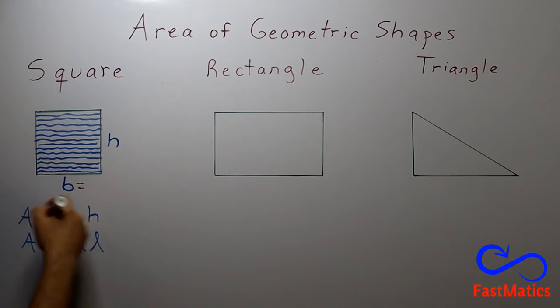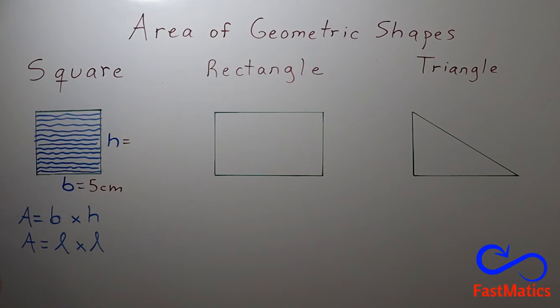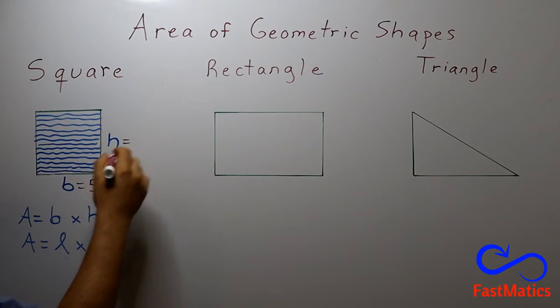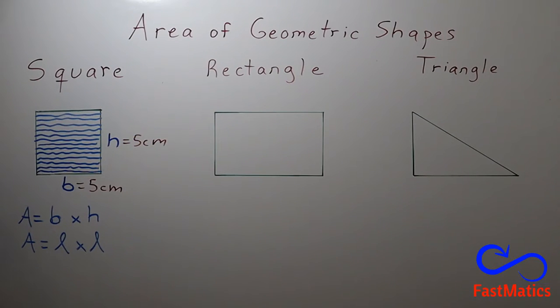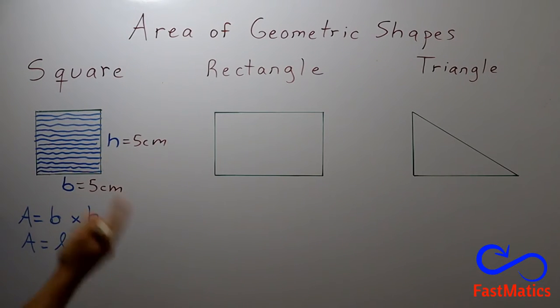Here, imagine we have 5 centimeters, and if it's a square, the sides are equal. So here we're going to have 5 centimeters also. Then for solving it, you replace B or L with 5 centimeters, and you replace H or L with 5 centimeters also.